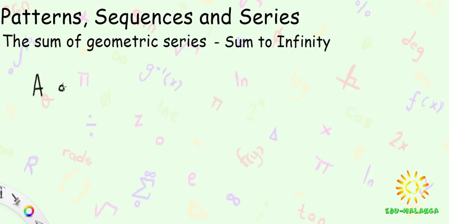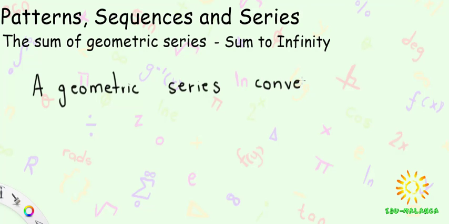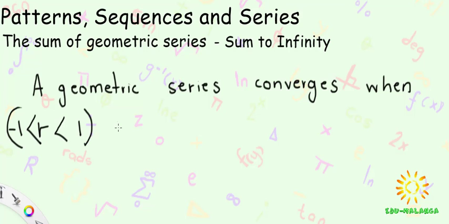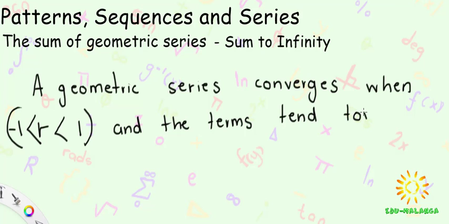A geometric series converges when r is greater than -1 and r is less than 1, and the terms tend towards 0 as n increases.